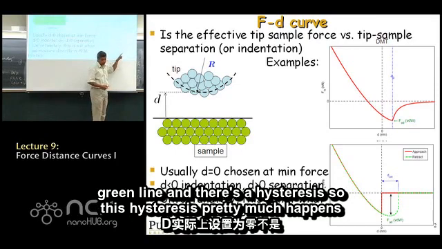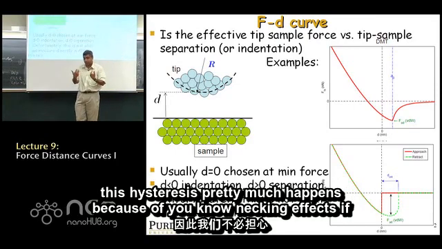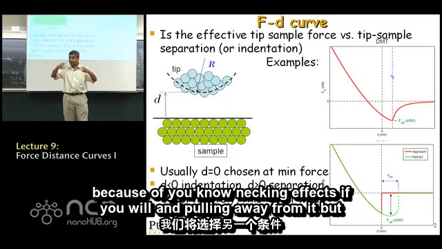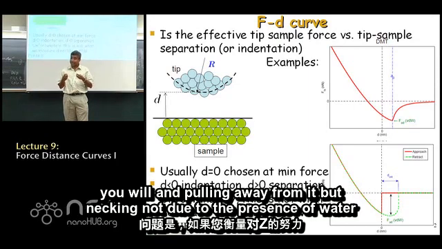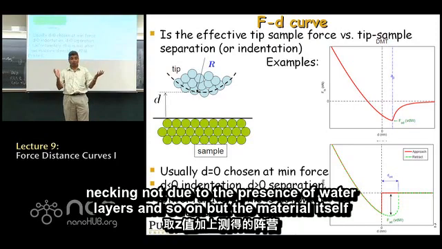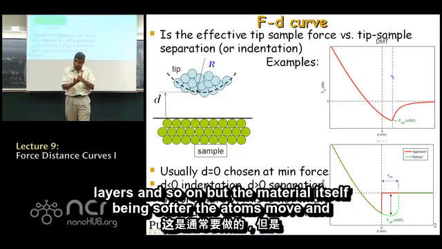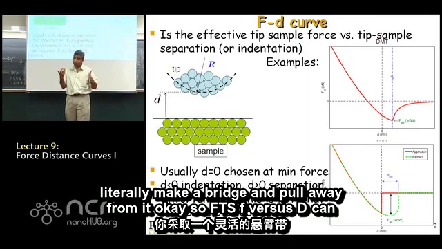This hysteresis happens because of necking effects. But this necking is not due to the presence of water layers and so on, but to the material itself being soft: the atoms move and literally make a bridge and pull away from it, okay?